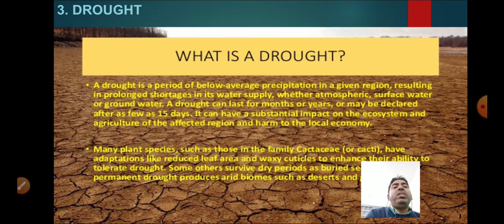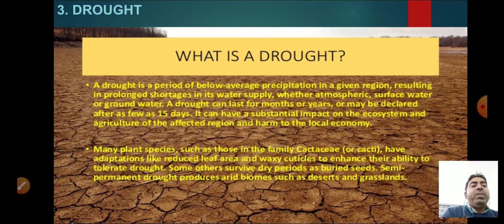Now we are moving towards drought. Just now we have seen about drought, and the definition is: a drought is a period of below average precipitation, meaning rain, in a given region, resulting in a prolonged shortage in its water supply, whether atmospheric, surface water or groundwater.